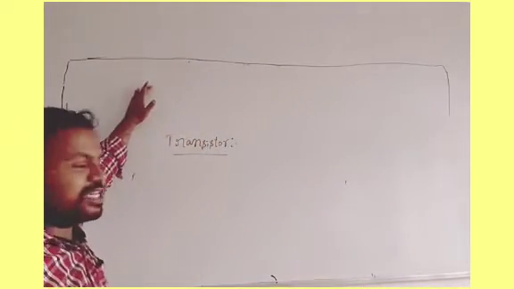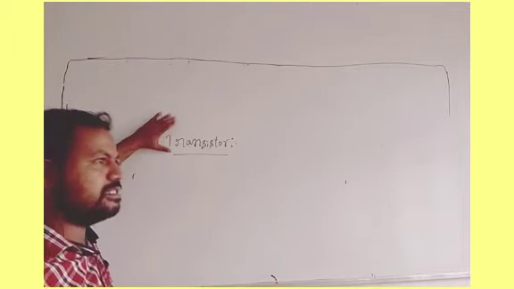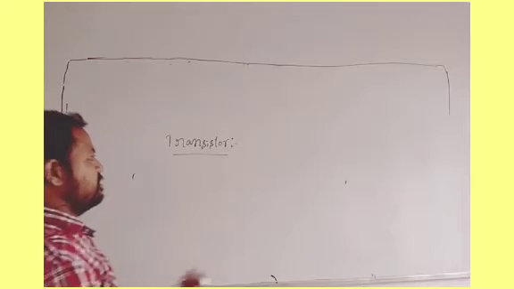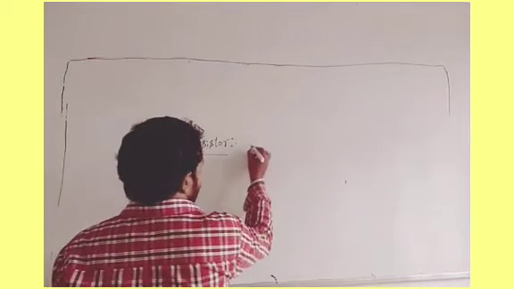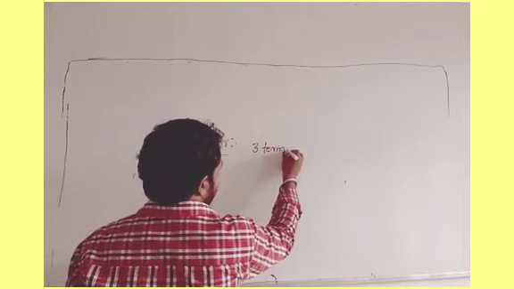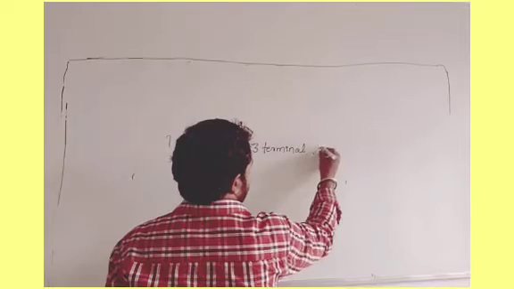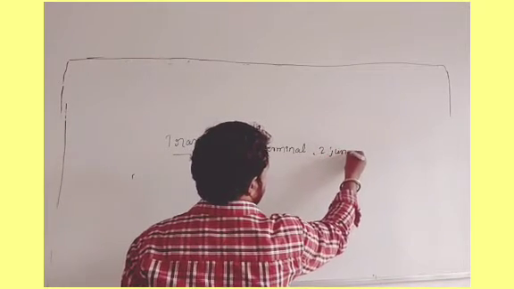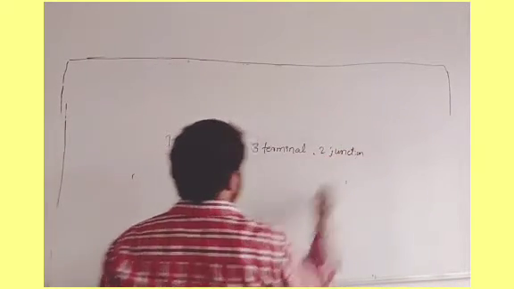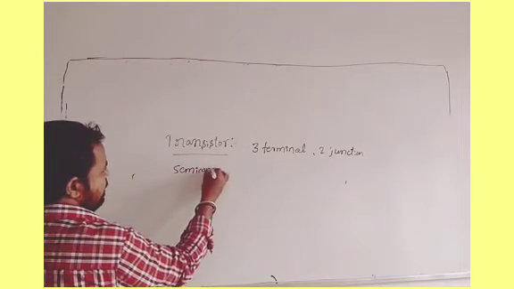In semiconductor electronics, we have an important concept, that is a transistor. What do you mean by transistor? A transistor is a three-terminal, two-junction semiconductor device.